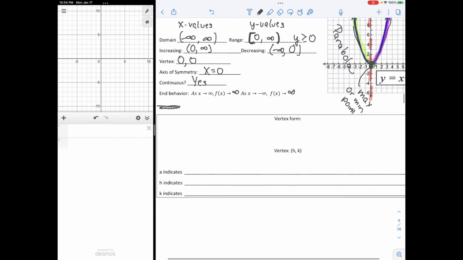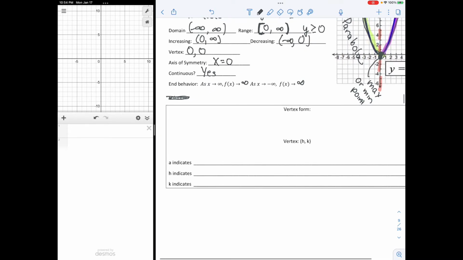Okay, so what we find from this, we can write what we call a vertex form for a parabola. And that vertex form is y equals a parenthesis x minus h squared plus k, where your vertex is h and k. Your vertex is h, k, written as an ordered pair.